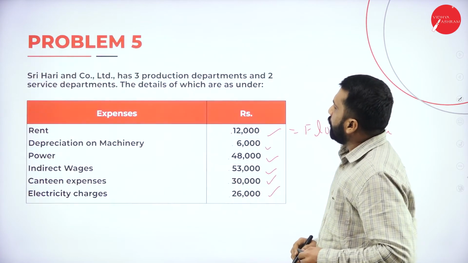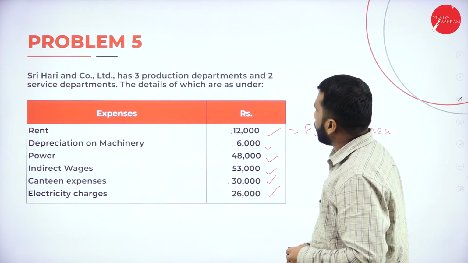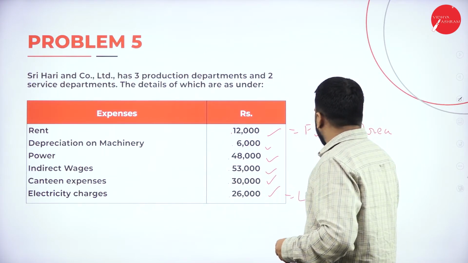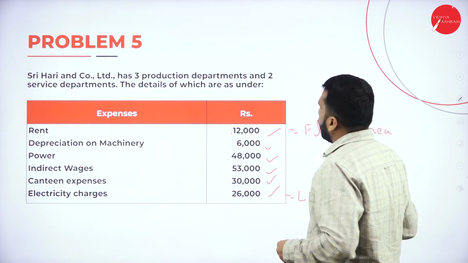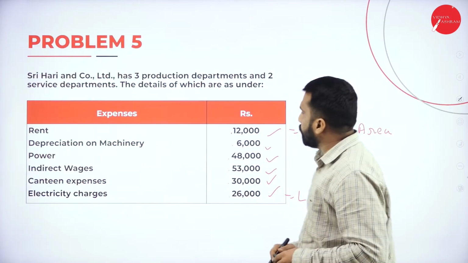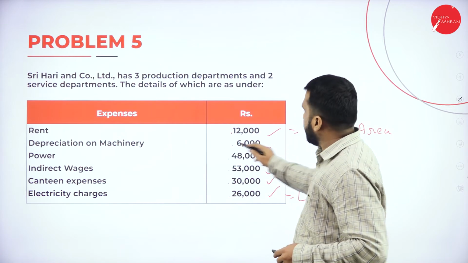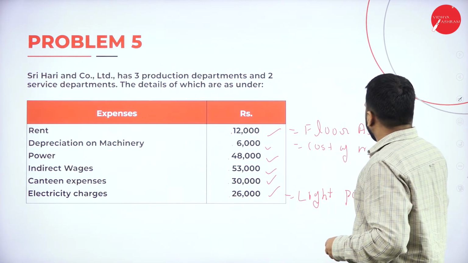Next, light point goes for what? Light point goes for electricity. And we have cost of machine. Cost of machine goes for which one? Depreciation.